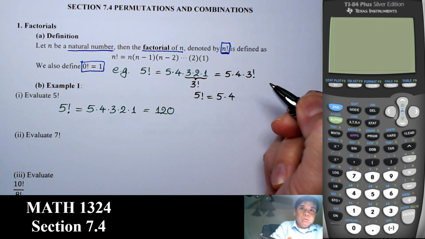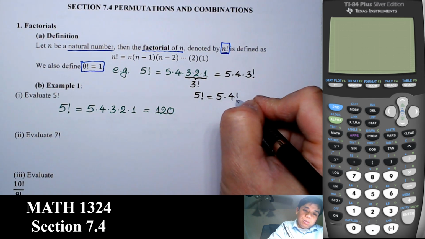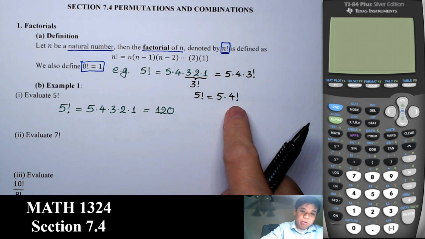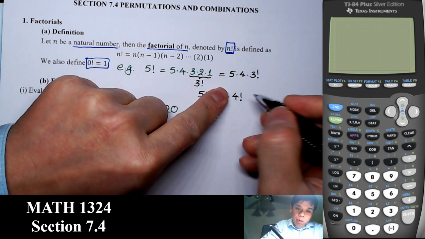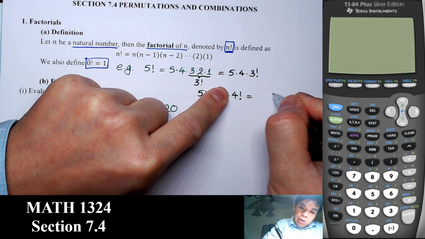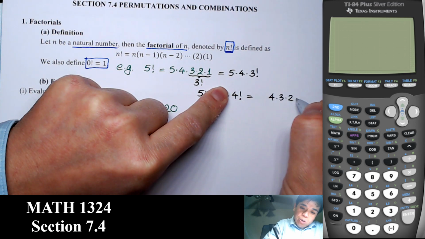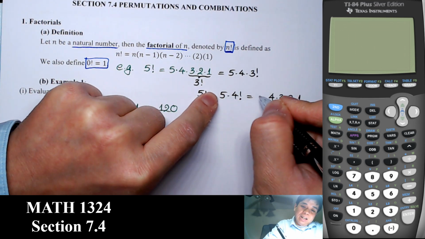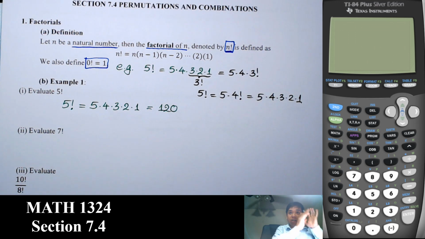If you decide you don't want to write any further, just put the exclamation point there. So 5 factorial is 5 times 4 factorial. We start from that number, going back, and if we decide to stop, we put the exclamation point, meaning that we will start from that number again on the way to 1.